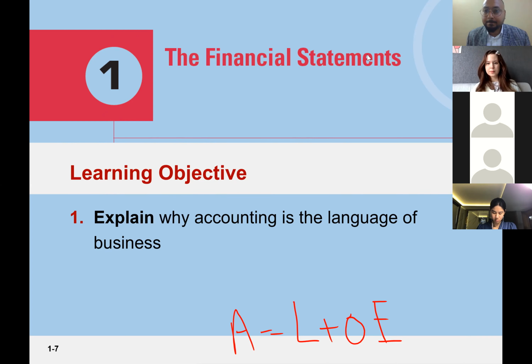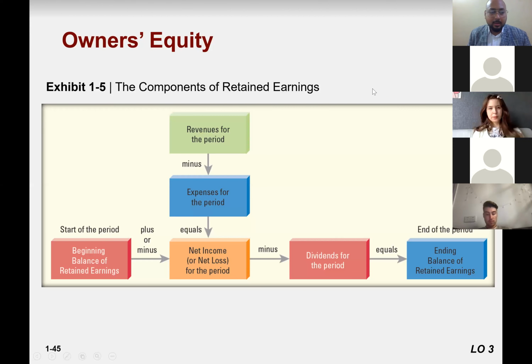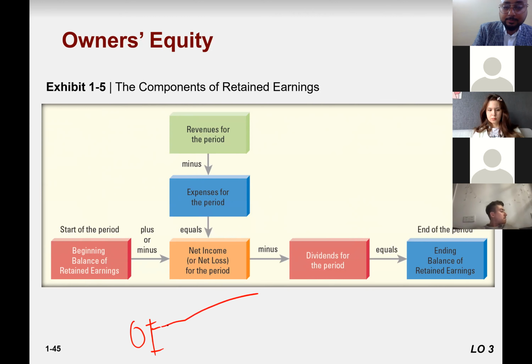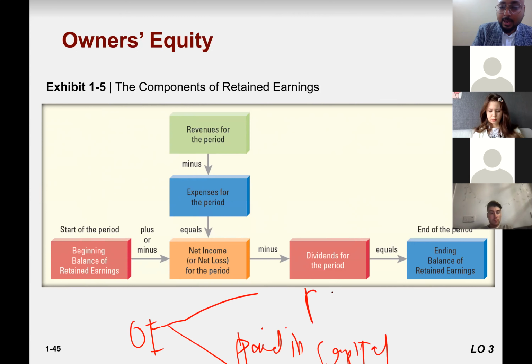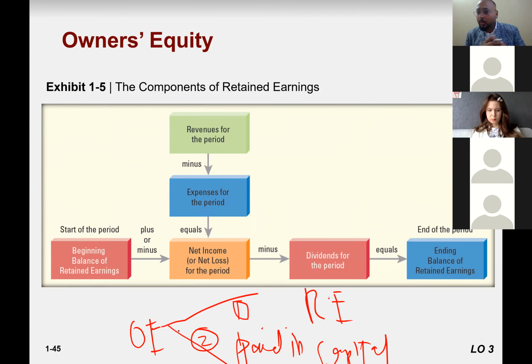Welcome back. We were taking attendance. We ended our discussion in our last class here, in which we talked about owner's equity and how we can calculate it. Owner's equity has two parts: paid-in capital and retained earnings.